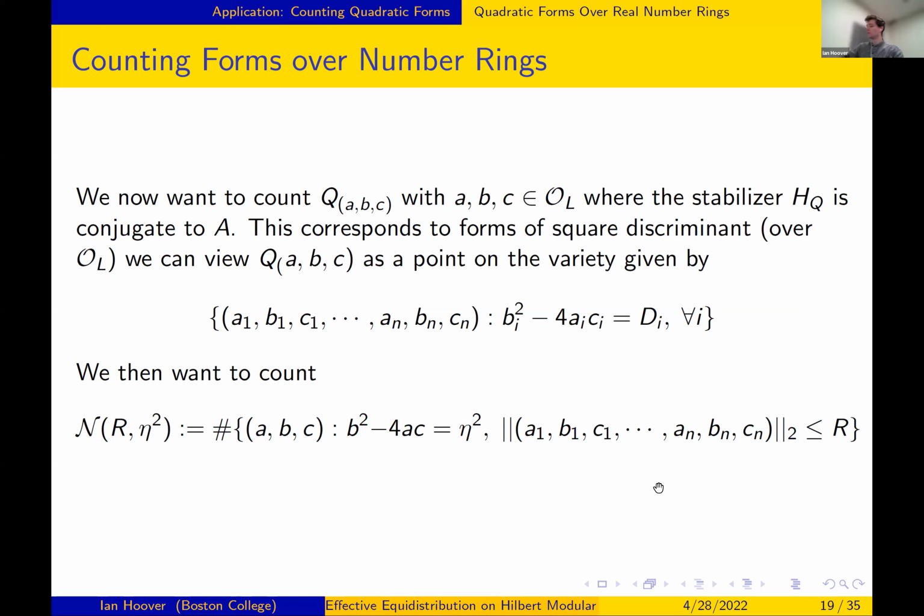Something like this is in the book of Cox on primes of the form x squared plus ny squared, in one of the beginning sections. I read this a while back, but I don't remember the details.